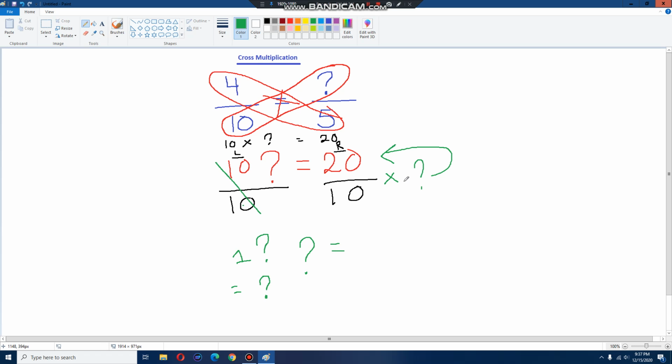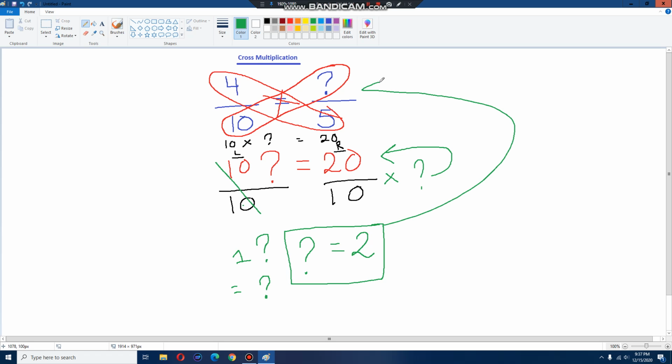Well, 10 times 2 works, so the answer is 10 times 2. So question mark is equal to the number 2. Okay, and that is the answer for this question. The missing number is 2. And that's how you use cross multiplication.